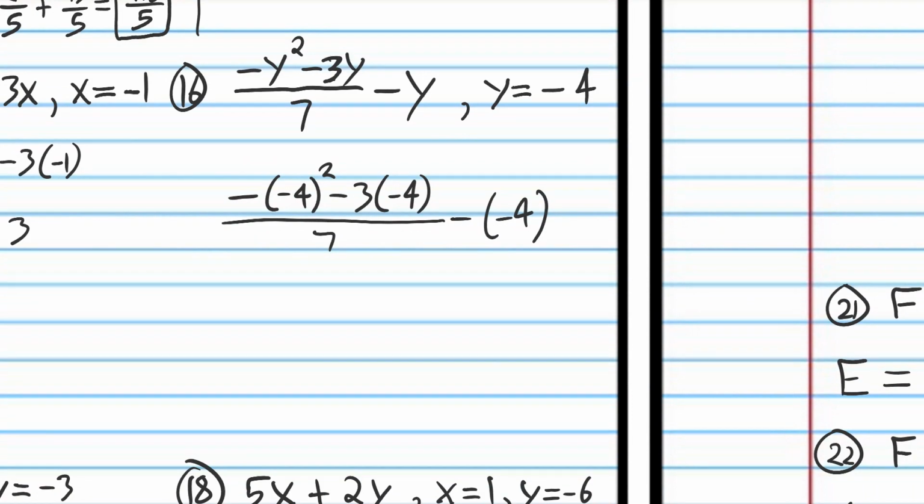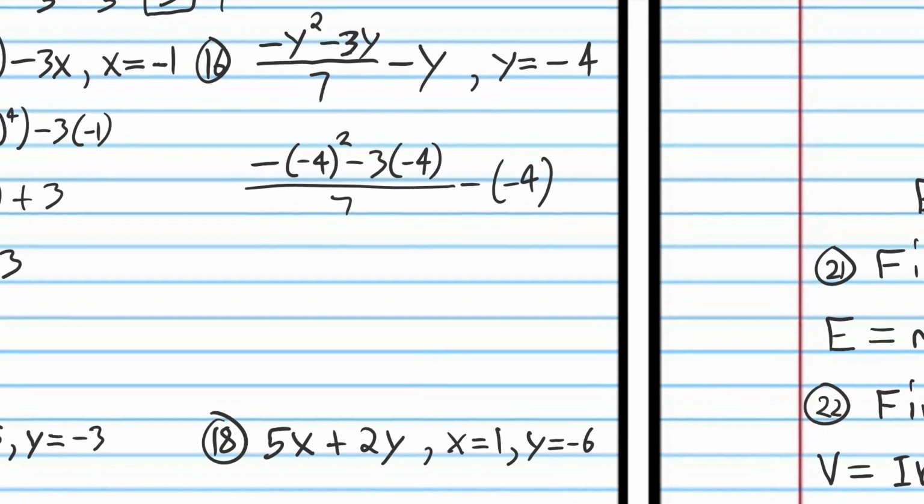And double check to make sure we did that correctly. So now we'll do the power. -4 to the 2nd power is +16, but this negative still remains because it's outside the parentheses. And -3 times -4 is +12. And we have a double negative here, so that becomes +4.